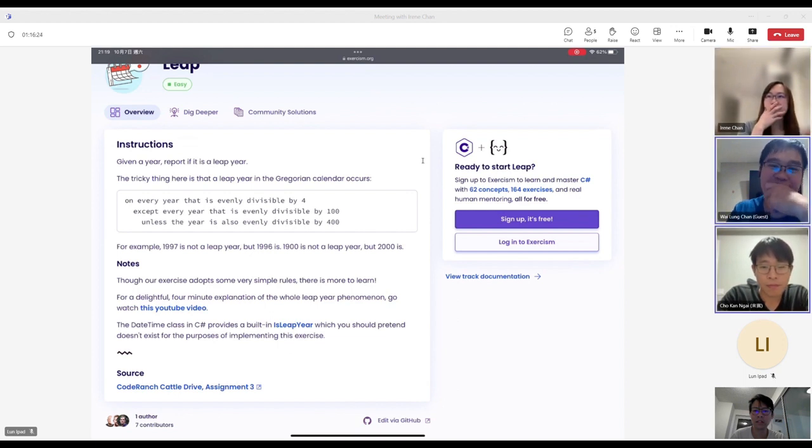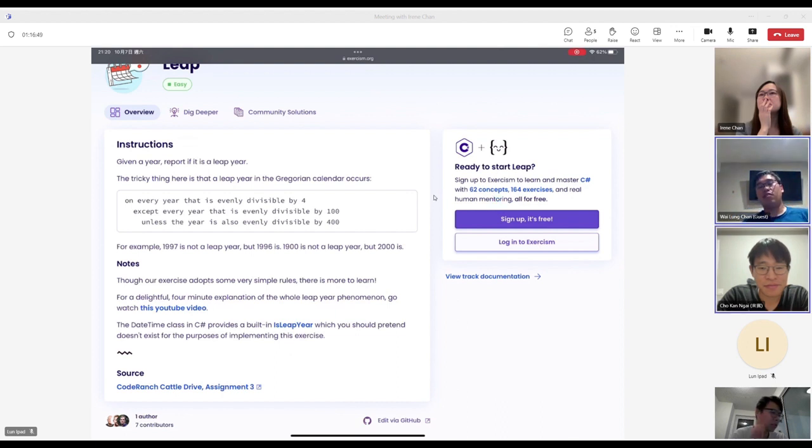Make sense? Yeah. And then if it is divisible by 4 but not divisible by 100, then it is a leap year. If it is divisible by 4 and divisible by 100, then it may not be a leap year because we have to check the third condition, which is unless it is divisible by 400.